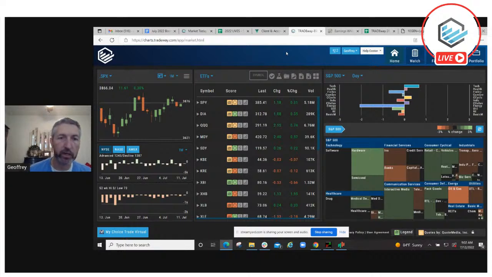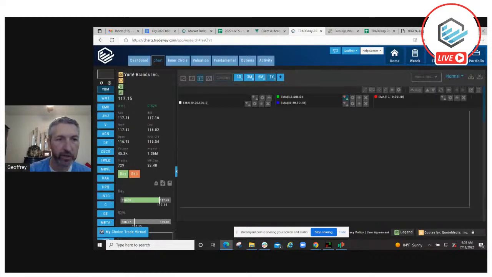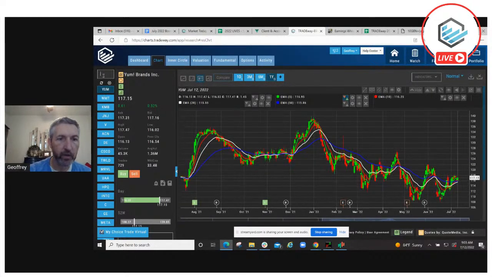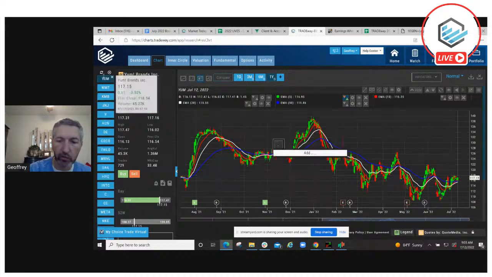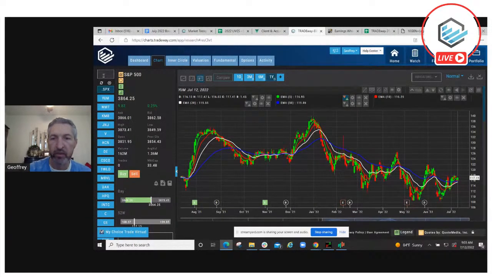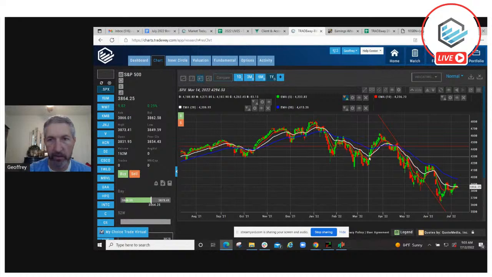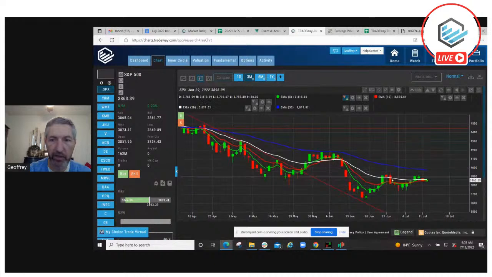So when it comes to the process, now we're just going to go through what this would look like. So we're going to assume that you started out over here. You went to your S&P and you said, what is the overall market doing? And what we know right now is the overall market is like, just pick a direction and go with it.